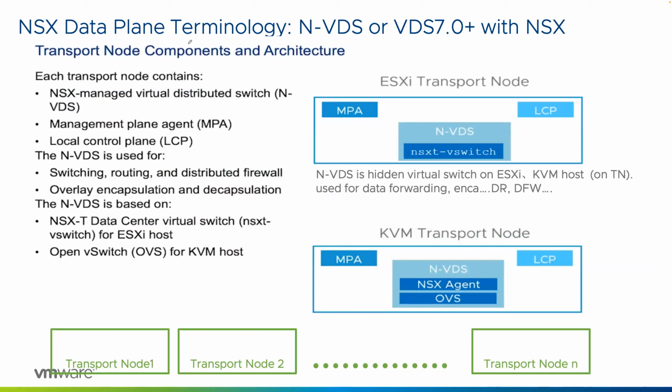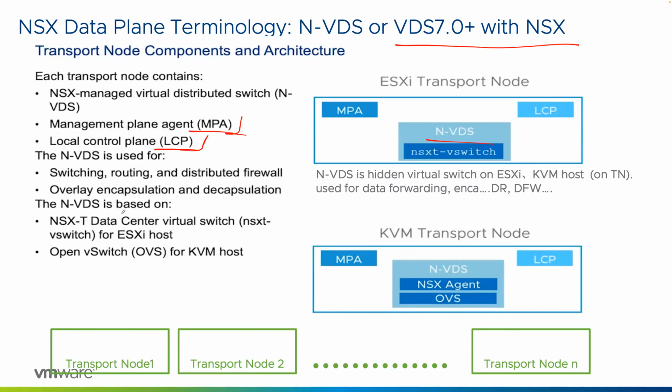Speaking of data plane terminology, we have a lot of terms, and here we are covering some of them. One is NVDS. I told you a lot about NVDS or VDS 7.0 with NSX, its function and its components. We already talked about MPA and RCP.